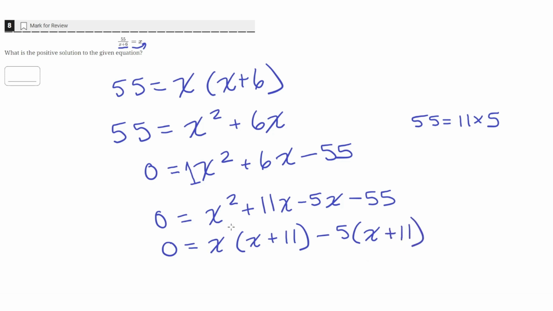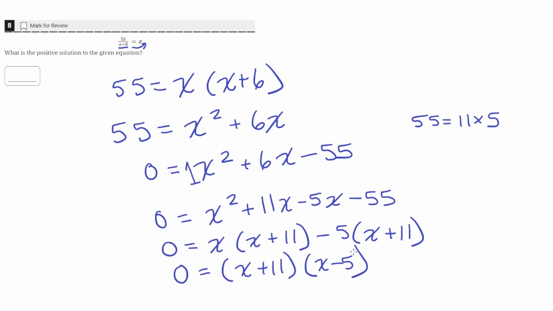So now we see that the quantity x plus 11 is common to both, so we can factor that out as well. And we see that x plus 11 quantity times x minus 5 is the factored form of this equation here.